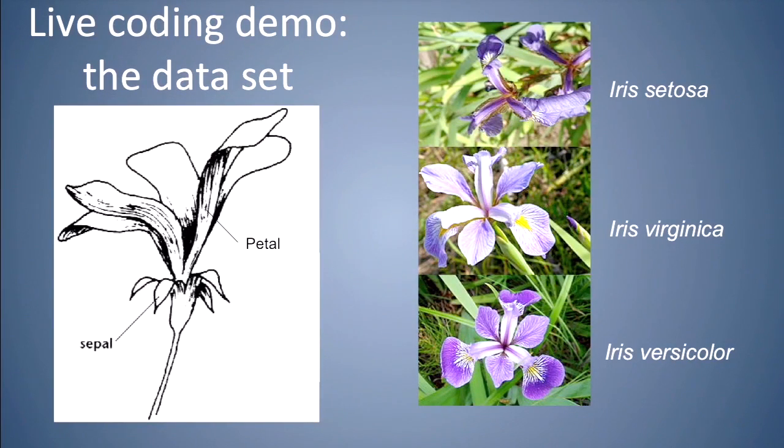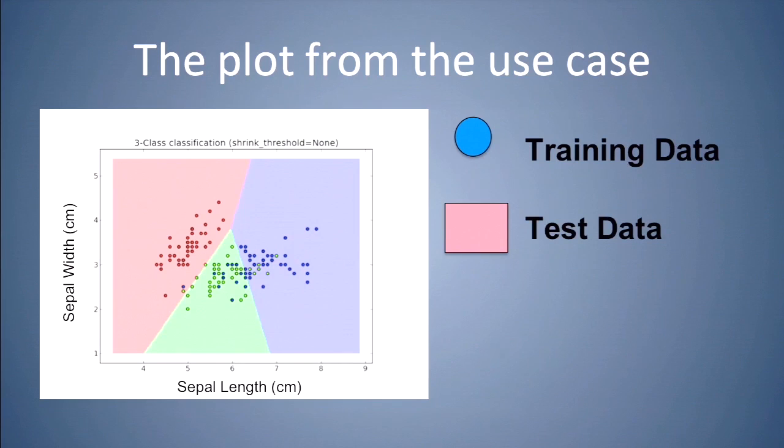Our job is to classify which type of iris we have based on the length and the width of the sepal and the petal. And to give away the ending, this is what you should have when you run the whole code. The dots are the training data.